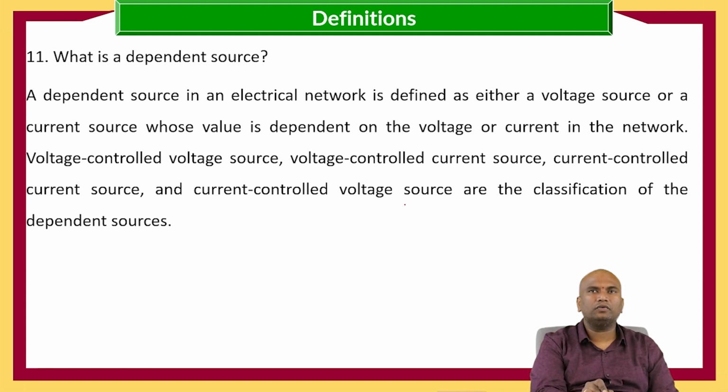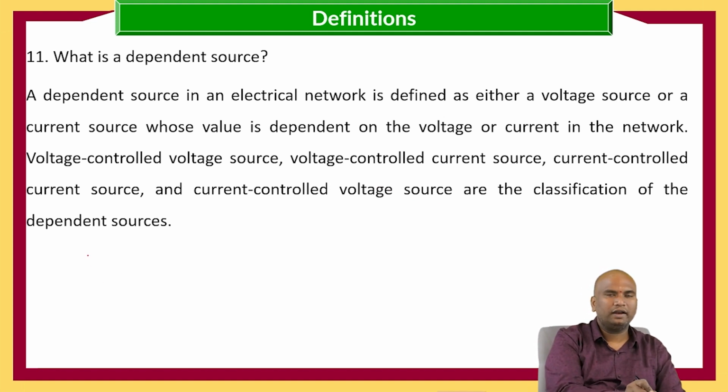And the current controlled voltage source is when current in any part of the circuit is controlling the voltage source. These dependent sources are represented with a diamond shape.